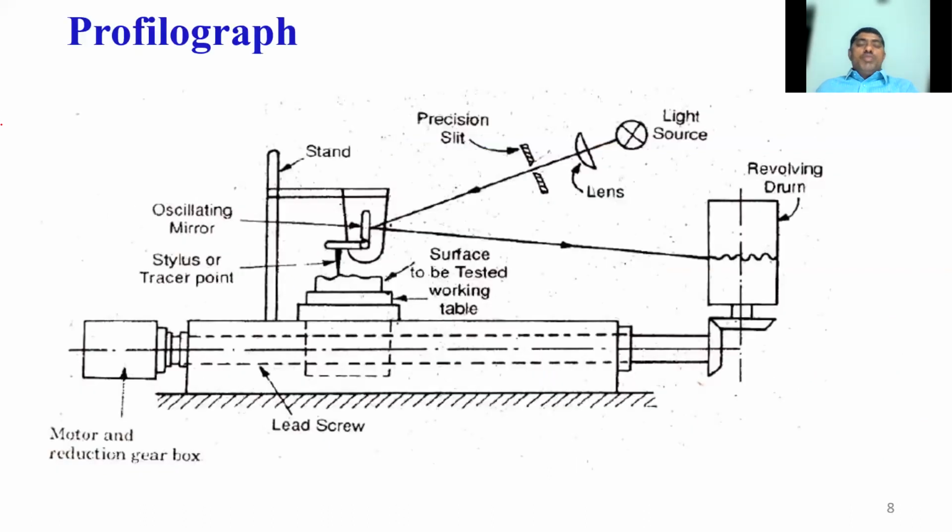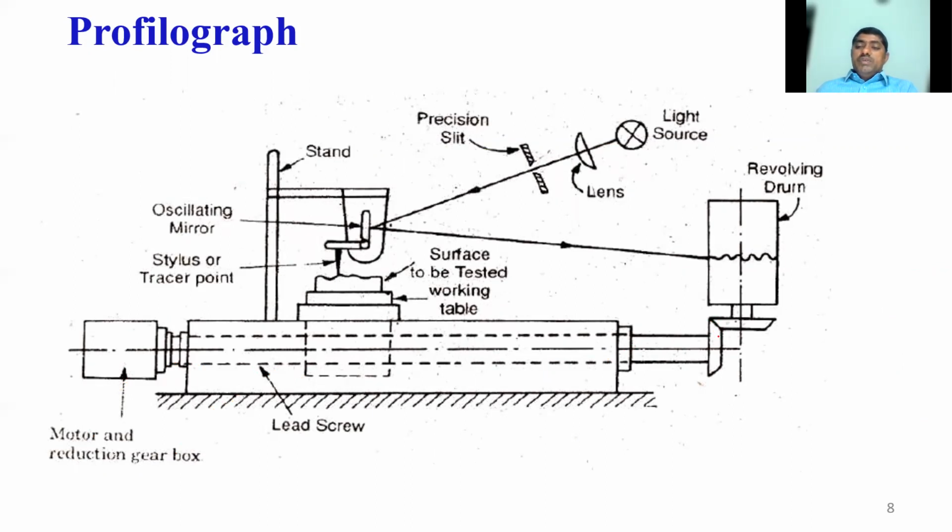Another method is the profilograph. This consists of a motor and a reduction gearbox, which is connected, right? This motion or power is transmitted to the lead screw. At the end of this lead screw, 2 bevel gears are mounted.